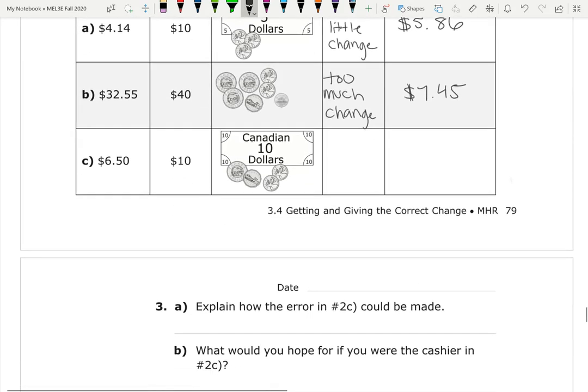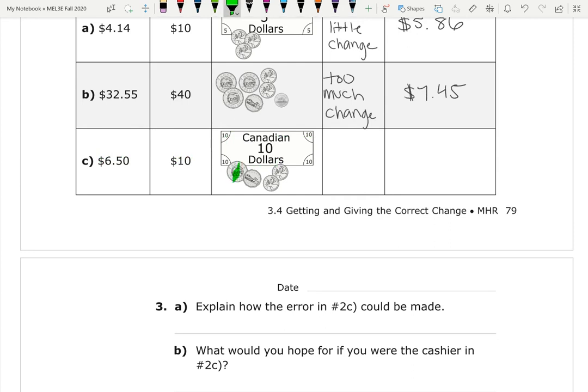Okay, and then this one, the last example, $6.50 is what is owed, and you're given a $10 bill, so you return a $10 bill. Obviously, this is way too much. If the customer is supposed to give you $6.50 and gives you a 10 and you're returning a 10, you're giving way too much change back.